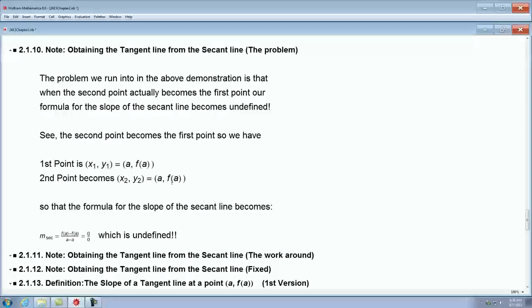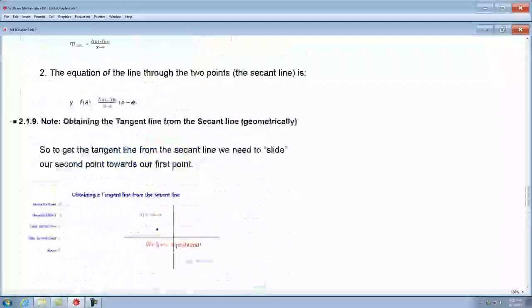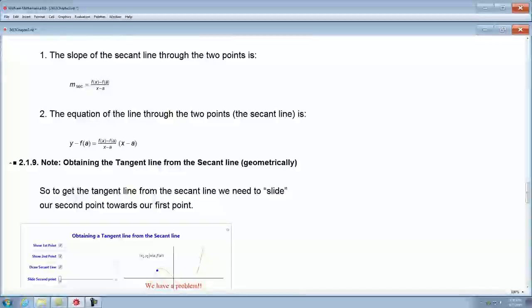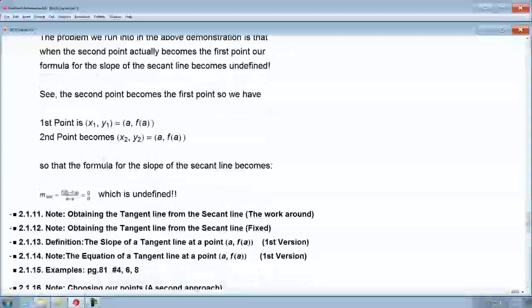Because they're right on top of each other. They should have the same exact values. Then the formula for our secant line, which was what? f of x minus f of a over x minus a, but this became f of a, and this became a right there. I get f of a minus f of a, which is 0, over a minus a, which is 0, and 0 over 0 is undefined.